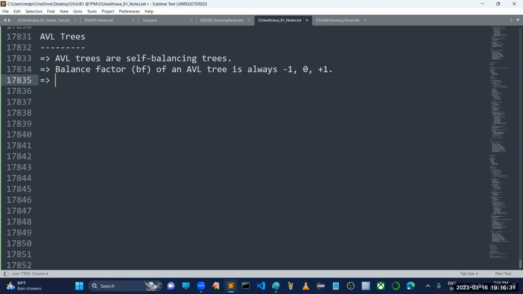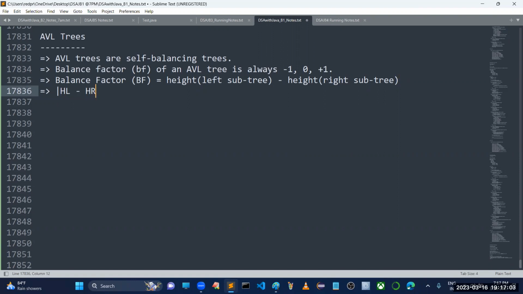What is meant by this balance factor, and how are we going to calculate it? BF is equal to the height of left subtree minus the height of right subtree. If you calculate the height of left subtree and the height of right subtree, that value is the balance factor. The absolute value of height of left subtree minus height of right subtree should always be less than 2.